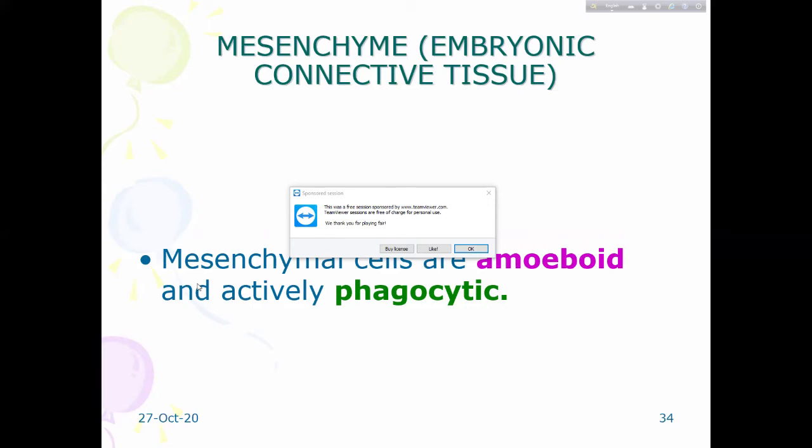Now, I will talk about the mesenchyme. What is mesenchyme? This is embryonic connective tissue. There are some characteristics of mesenchyme. Mesenchymal cells are amoeboid and actively phagocytic. What is amoeboid? They can move through pseudopods like amoebae.